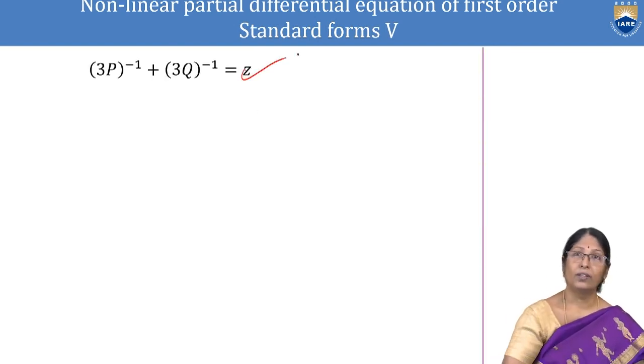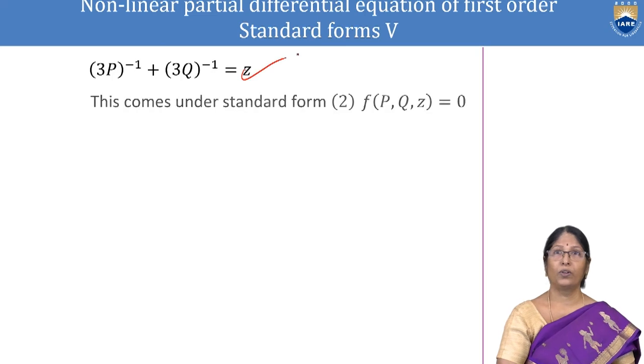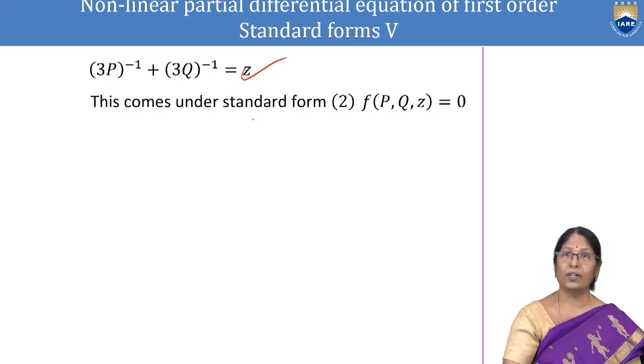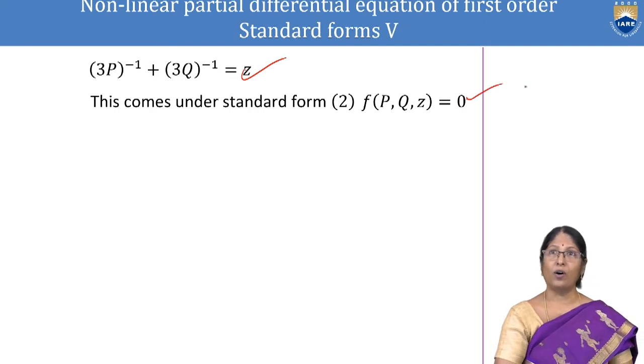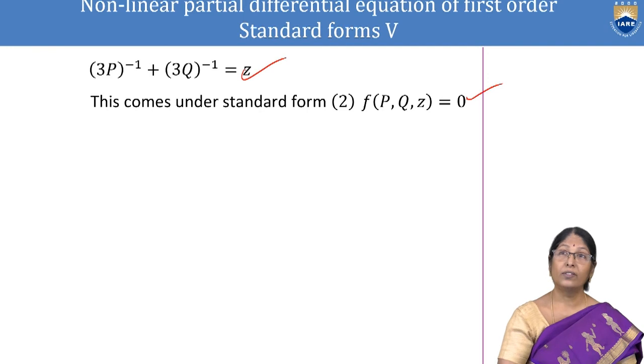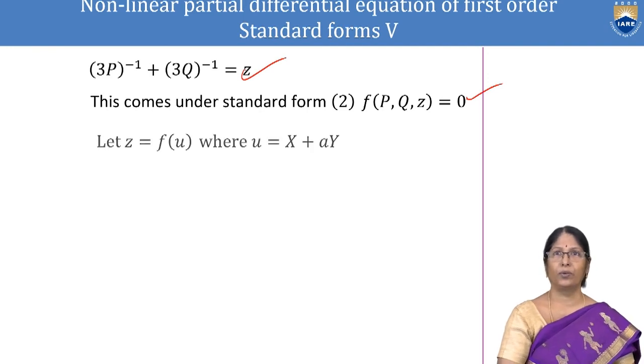Now this is the standard form 2, that is f of capital P, capital Q, Z equals 0.